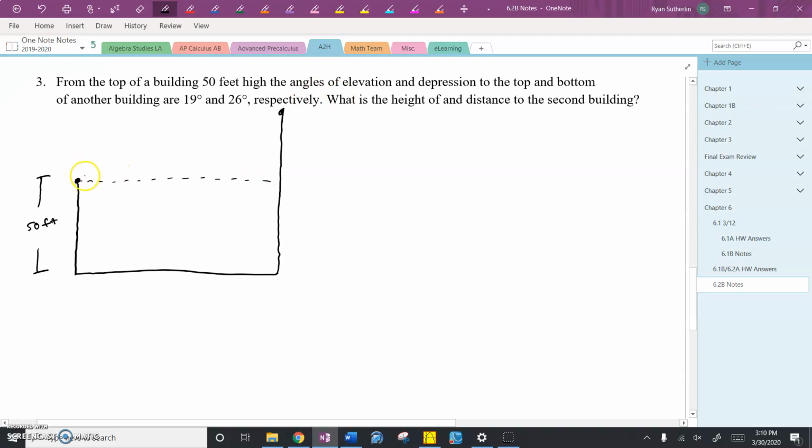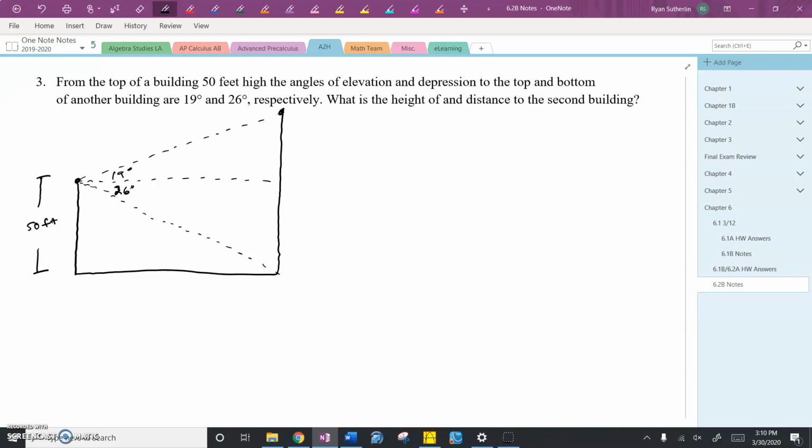So from that building, you look up at a 19-degree angle, you reach the top of that building. And if you look down at a 26-degree angle, you get the bottom of that building. And we want to figure out the height of the building.